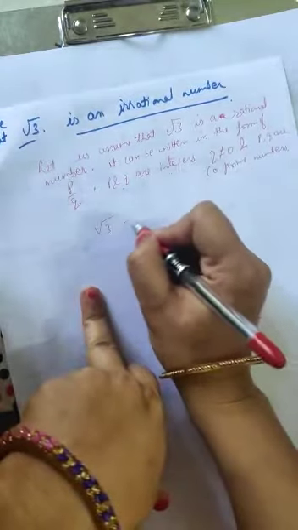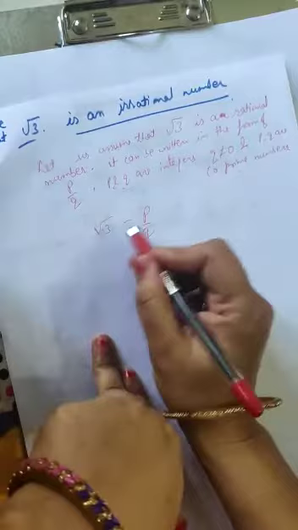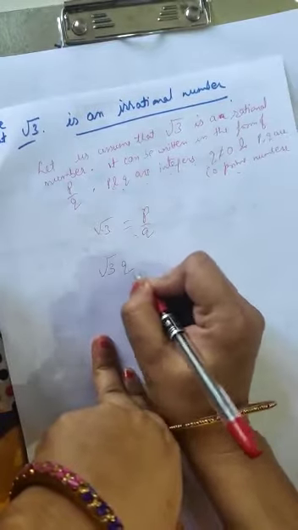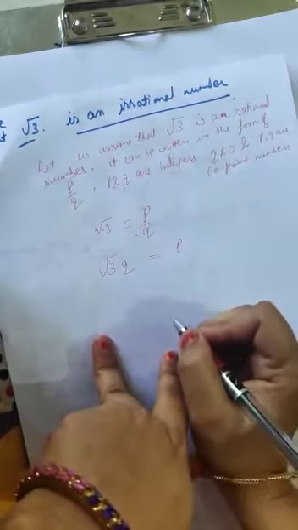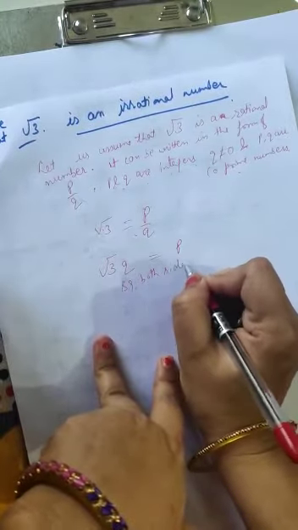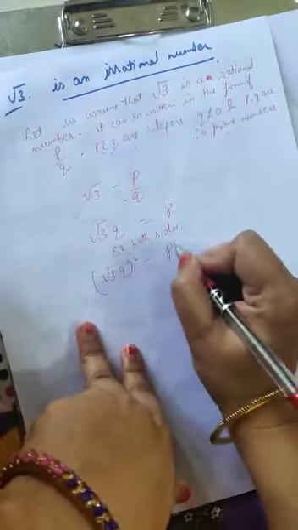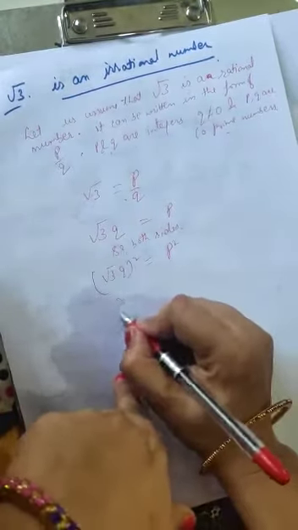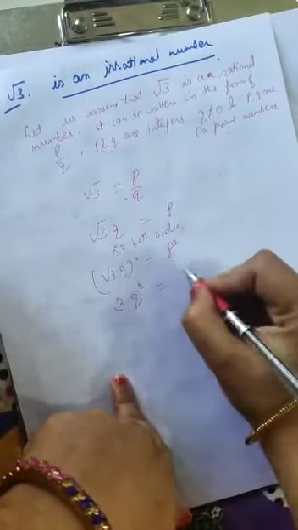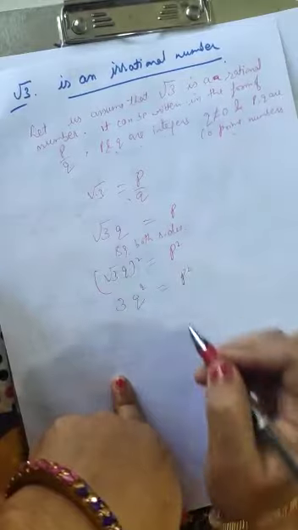Now if it can be written as P upon Q, means square root 3 is equal to P upon Q. By cross multiplying, it becomes square root 3 q is equal to p. Now squaring both sides, 3 q square is equal to p square. Square root 3 square means 3 and q square means q square.